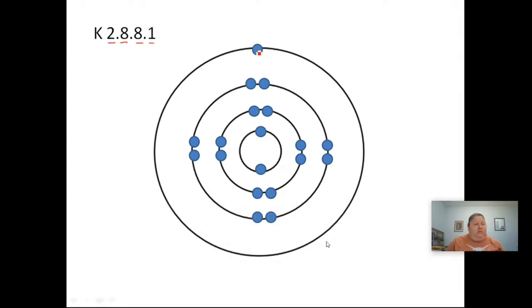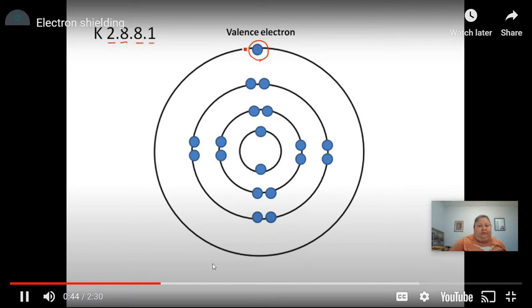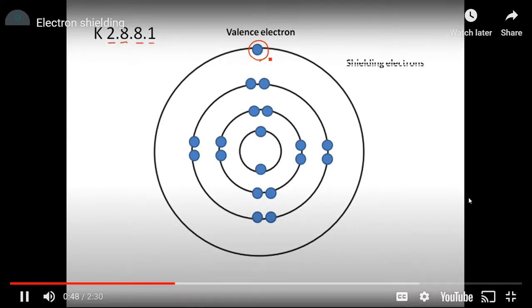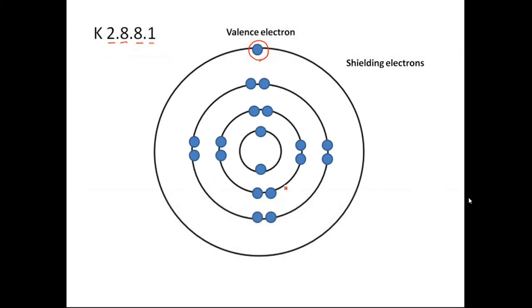Okay. Now, this electron here, that's called a valence electron. It's the electron in the outermost shell or outermost energy level. The other electrons, the inner electrons here, they are called shielding electrons. Now, there's an electrostatic attraction between the positive nucleus here and the outermost electrons, okay?